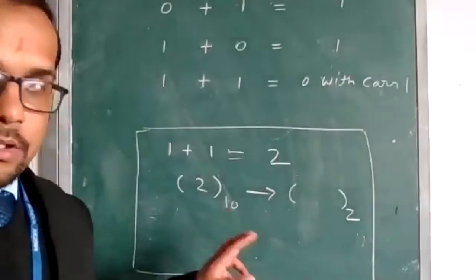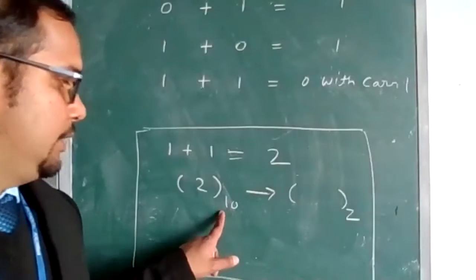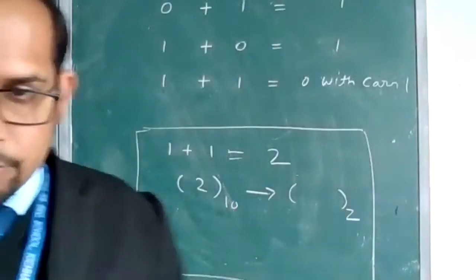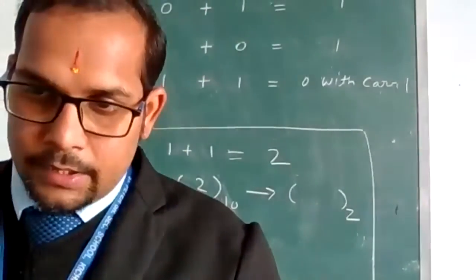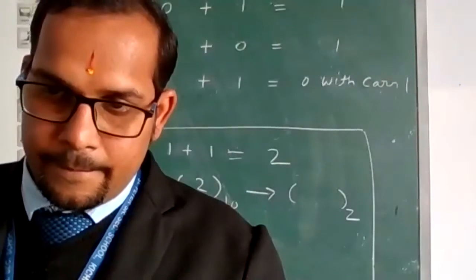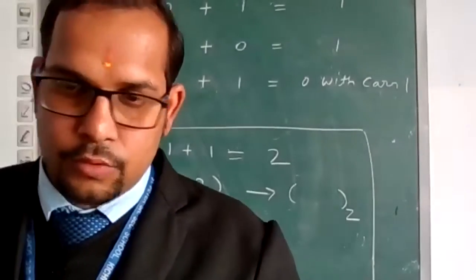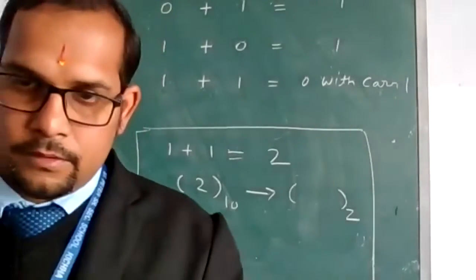So do you know how we convert decimal number to binary? Anybody knows how we convert decimal number to binary? What we have to do to convert decimal to binary?